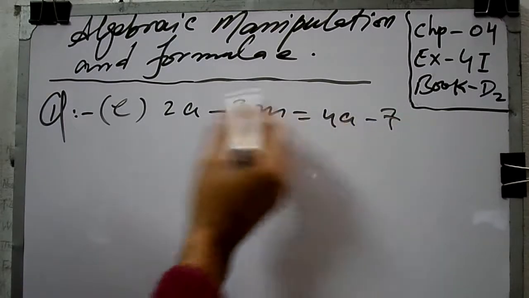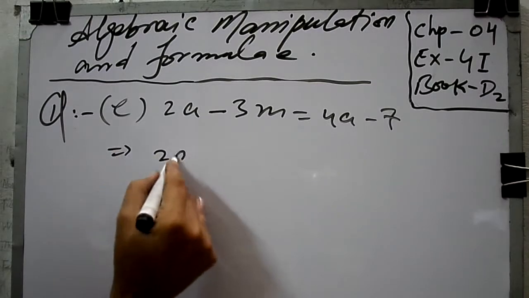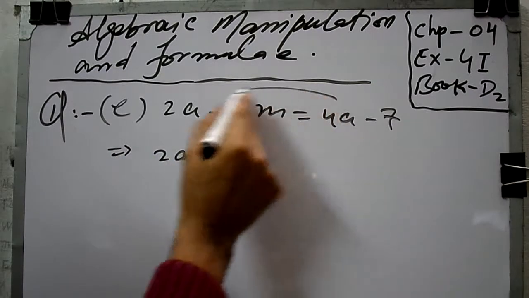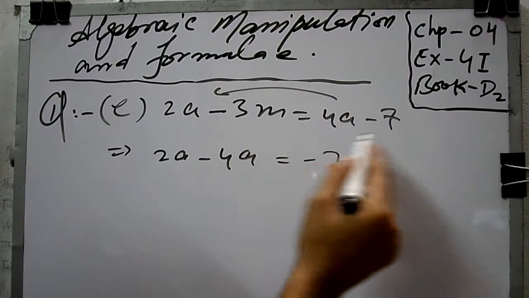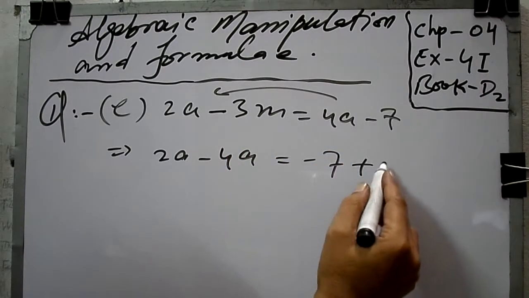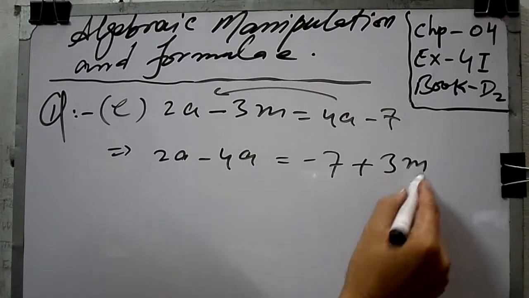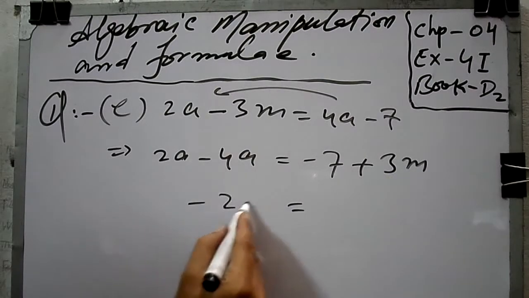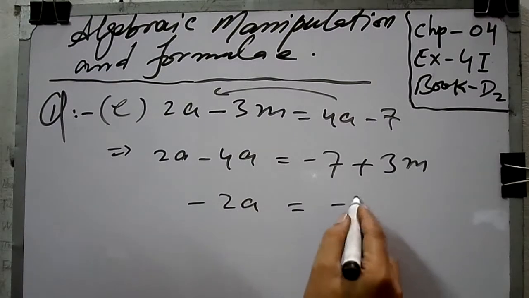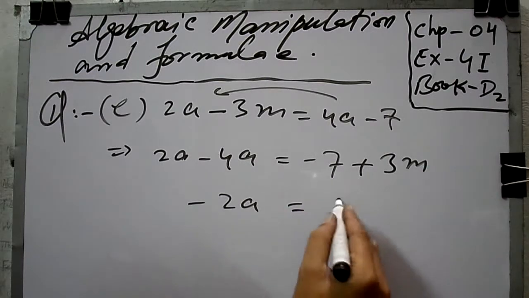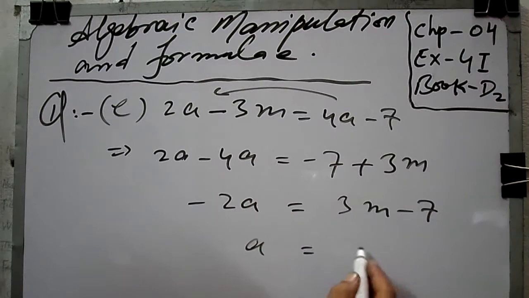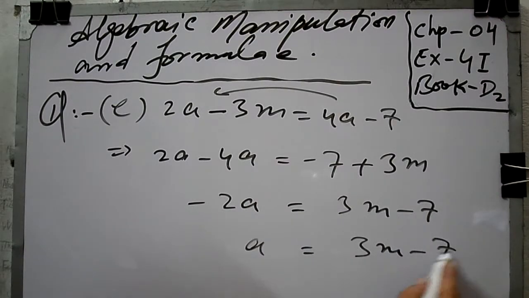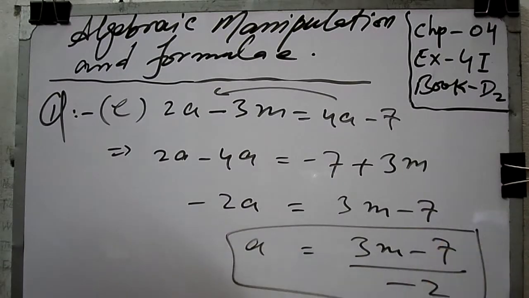So similar terms will be shifted to one side. You will get 2A minus 4A is equal to minus 7, and 3M will be shifted, so it will become plus 3M. Now from here the positive term should be written first. You need the value of A, so 3M minus 7 divided by minus 2. So that is your A as a subject.